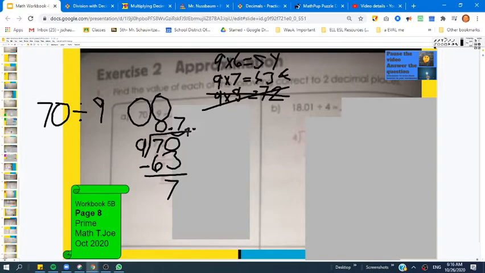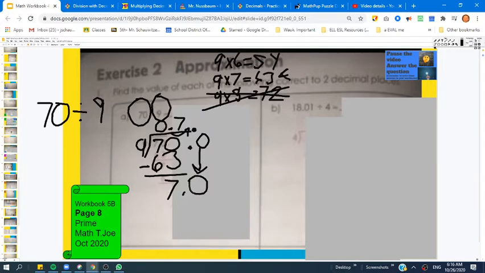So it actually goes right here to the right of my 7. Okay, and I'm going to bring down any numbers that are in my next spot. There aren't any numbers, so I'm going to actually add a 0. And I'm going to bring that 0 down. Okay, and I'm going to continue my problem.